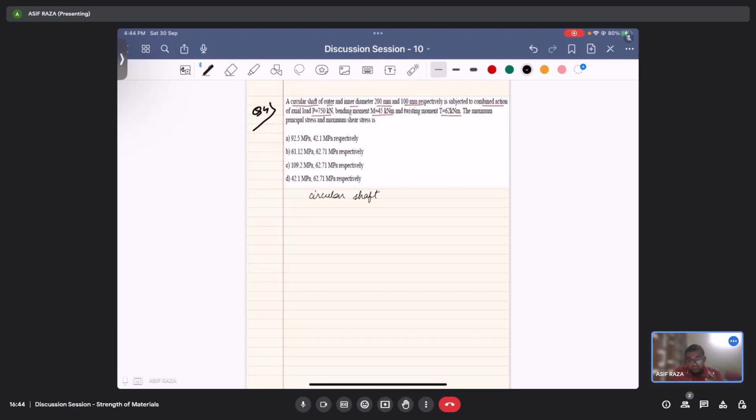Now, it's not a solid shaft, it's a hollow shaft, but one thing can be made clear about this: in this case also, I is equal to pi d to the fourth by 64, and that is, if I write it, pi (D outer to the fourth minus D inner to the fourth) by 64, and Ip is similar, so this is a similar thing.